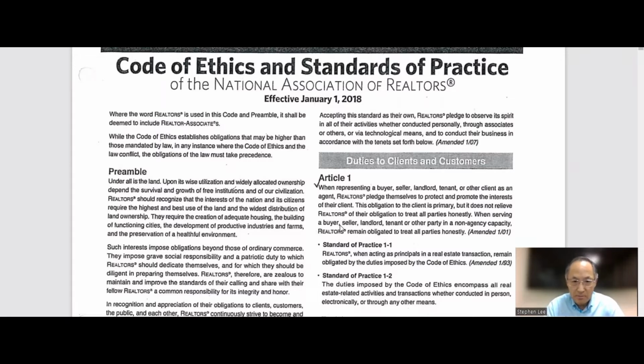It governs a lot of behaviors of licensees. It governs how to speak, what to speak, and basically what to do in general.